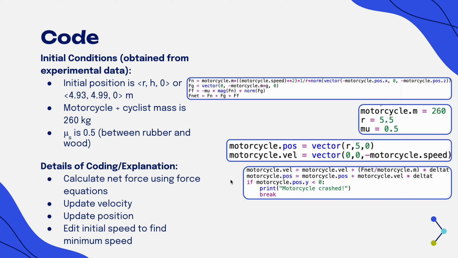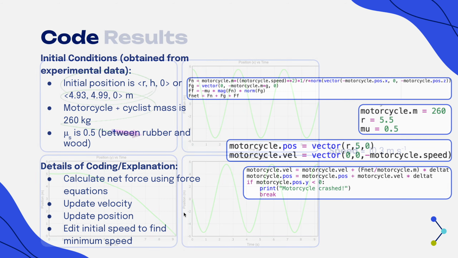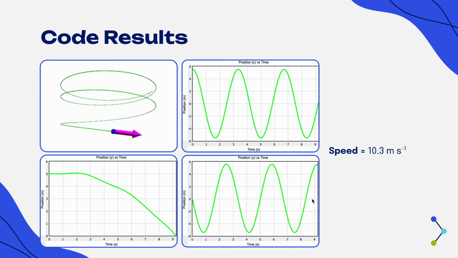Really what I need to do is change the initial speed to figure out the minimum speed for the motorcycle. What I found is that at a speed of 10.3, you have a perfectly circular orbit. If you go any higher, the motorcycle actually goes upwards. So this was a speed that made sense.